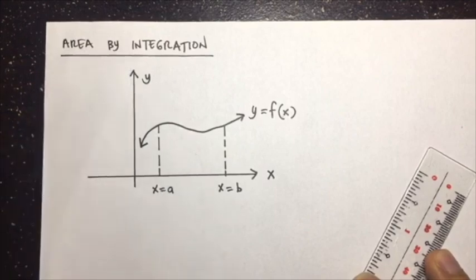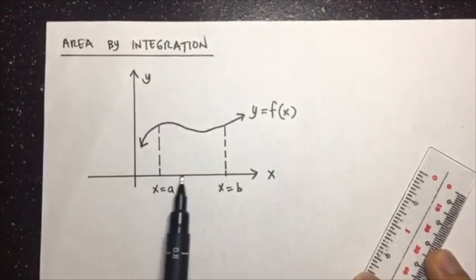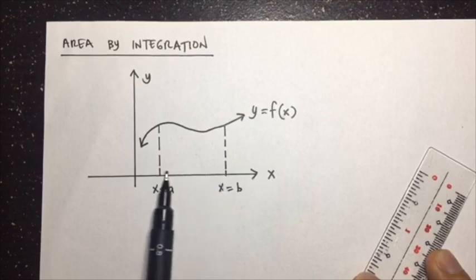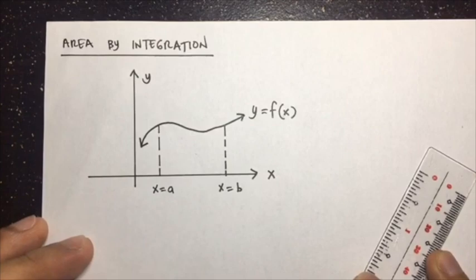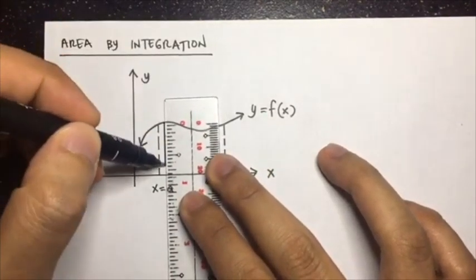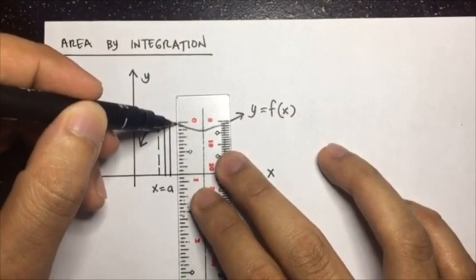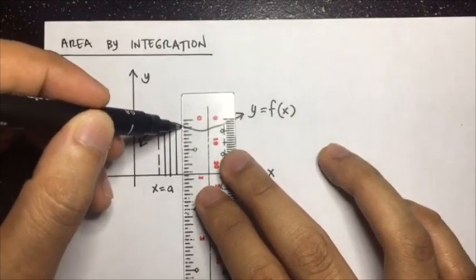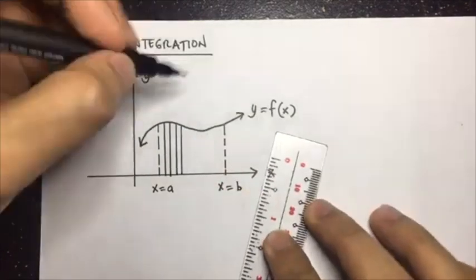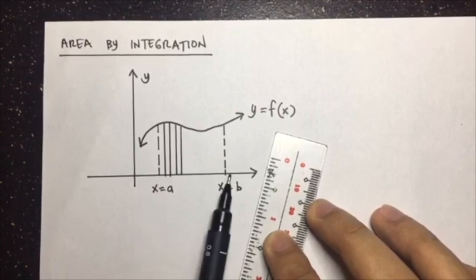So the idea of area by integration is that we divide the whole area into very small rectangular strips. We will divide this with very thin, very small rectangular strips, from x is equal to a to x is equal to b.